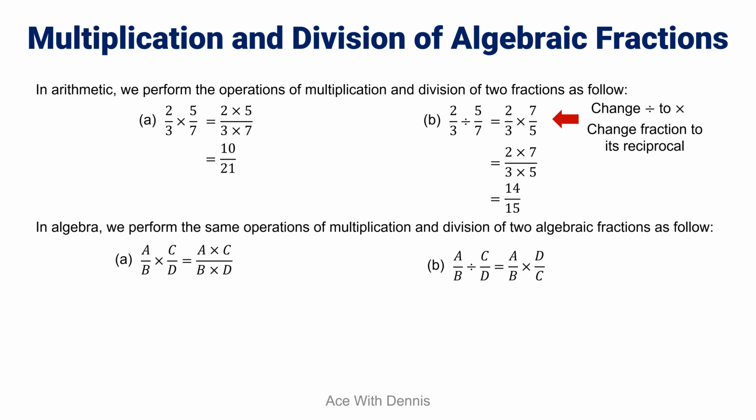Hence, it will be A over B times D over C. Then from here, numerator multiplied with numerator and denominator multiplied with denominator, so it will be A times D over B times C.